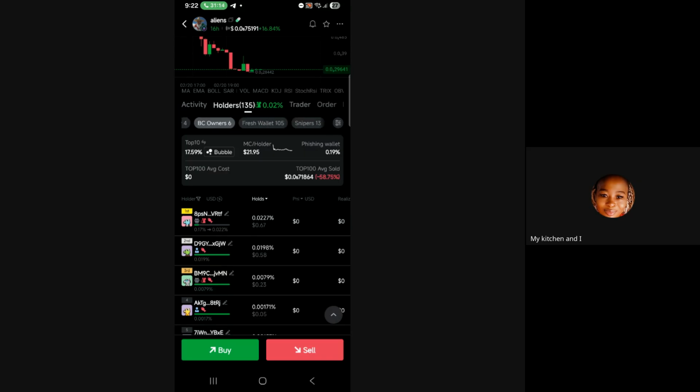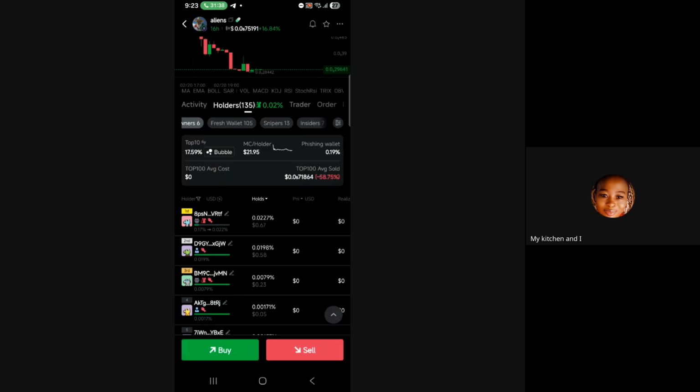And we have fresh wallets, 105. Wow, that is great. Insiders. Insiders are people that were part of the team, or let me not say part of the team. Insider wallets are wallets that the developer sent tokens from the dev wallet into.